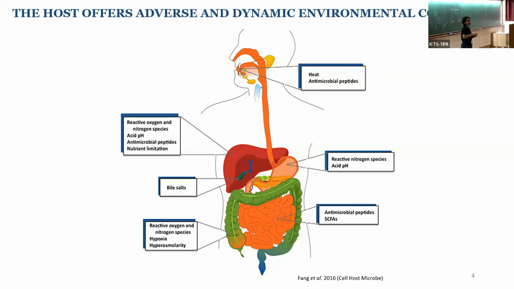And what you can appreciate here is that depending on where the bacteria is situated, it will be facing different types of environments, right? So if we're looking at the mouth, then there's a heat shock because the temperature within our bodies is very different from the temperature in our ambient environments.